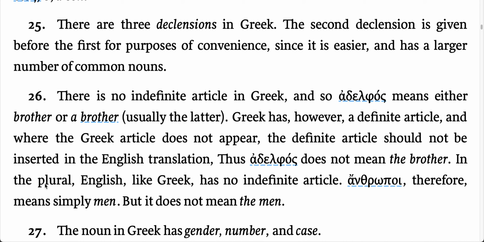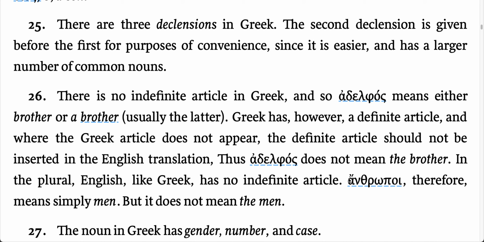So, in the plural, English, like Greek, has no indefinite article. So here's a different word, anthropoi. Anthropoi is the word for humanity, mankind, as we will see in the vocabulary. This is the plural form of it. It means simply men. It does not mean the men.